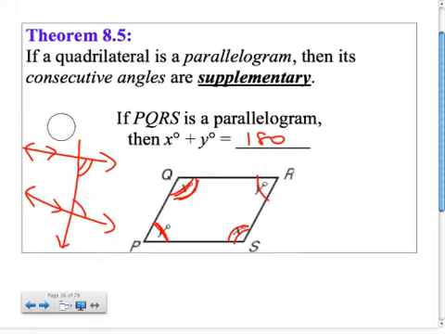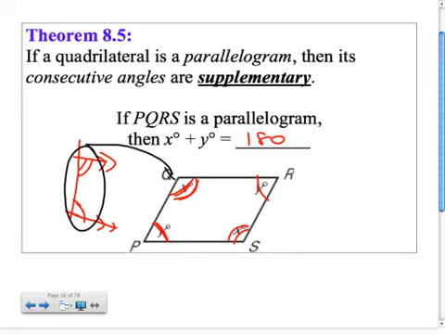If I just erase this, and again, we know that these two sides here are parallel. Whoops, nice job, Cook. So we're looking at this. If I know these two sides are parallel, then these two angles are supplementary. So this portion of this diagram is the same as this portion of a parallelogram. So that's kind of where that theorem comes from. Just a quick thing to note there.